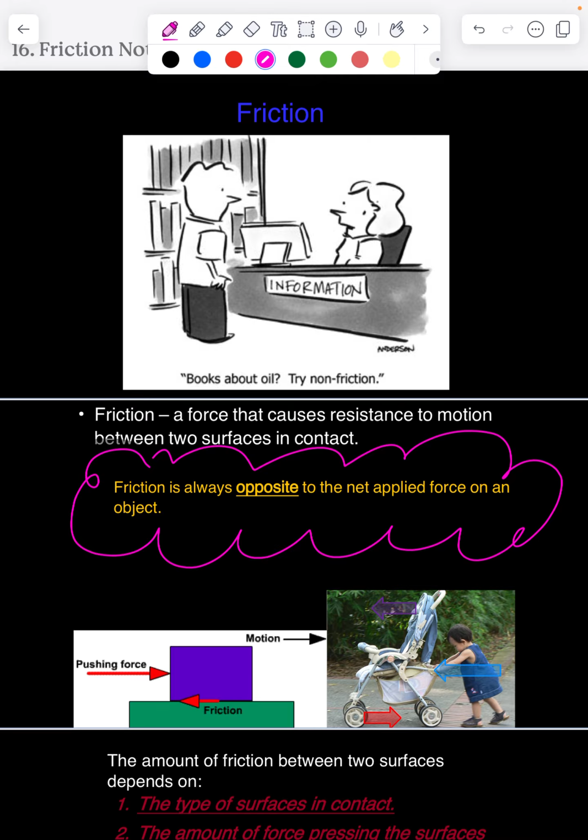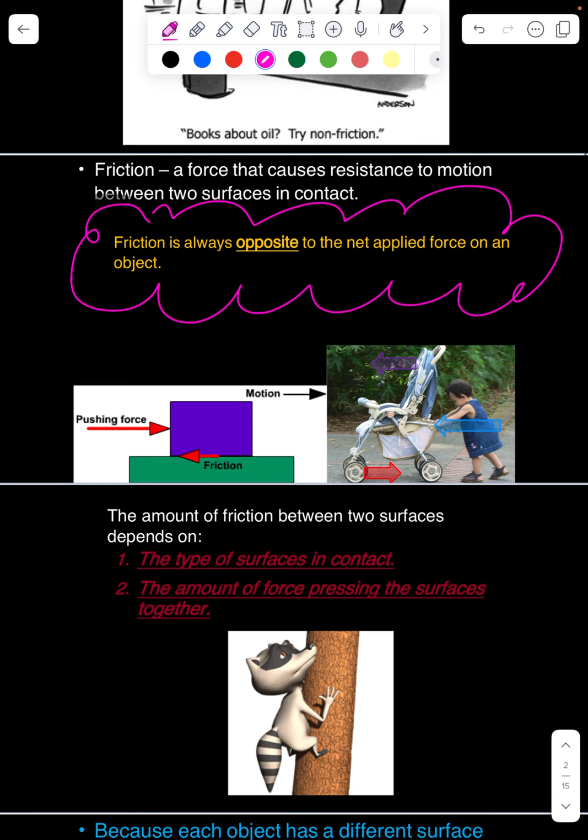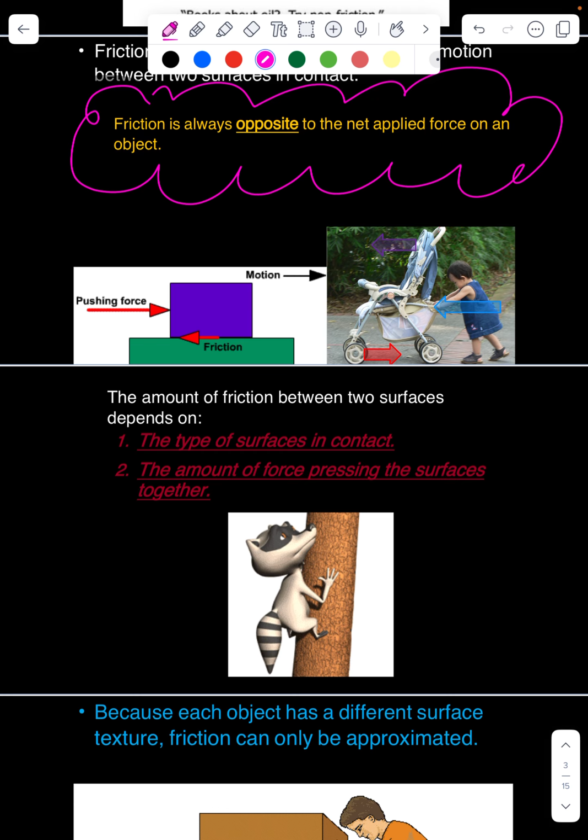Whenever we put numerical values with the force of friction, it is only decided by two different things. The first one, which is big, is the type of surfaces in contact. Obviously, rubber and cement is going to have a different amount of friction than, say, ice skates, steel on ice.